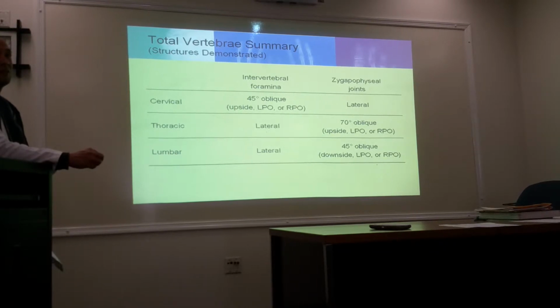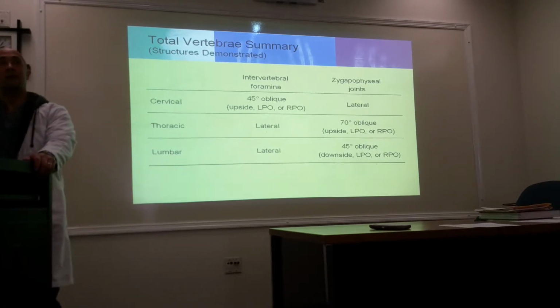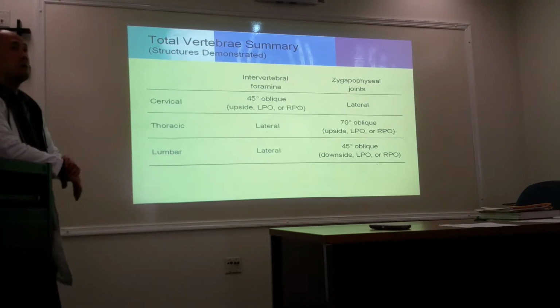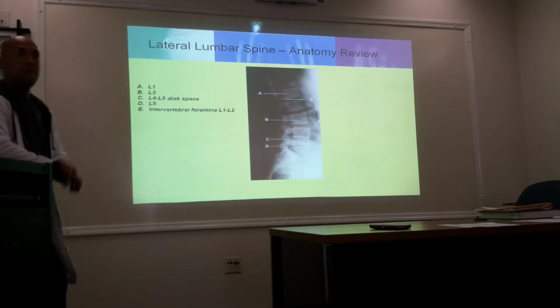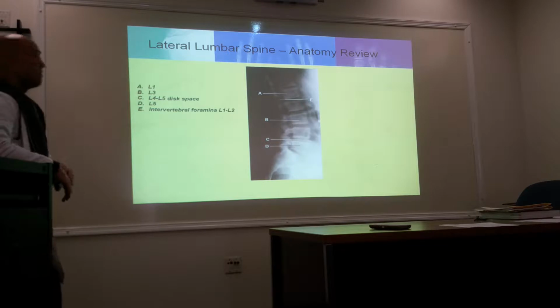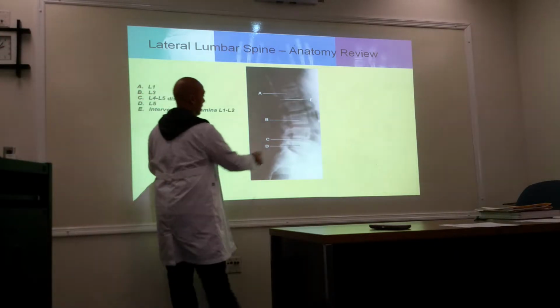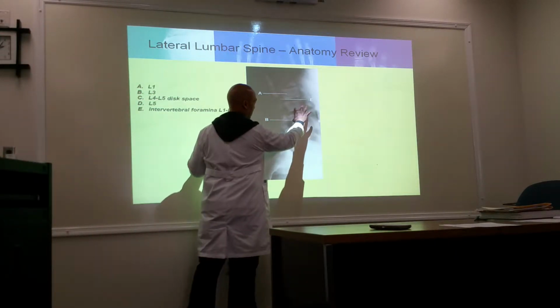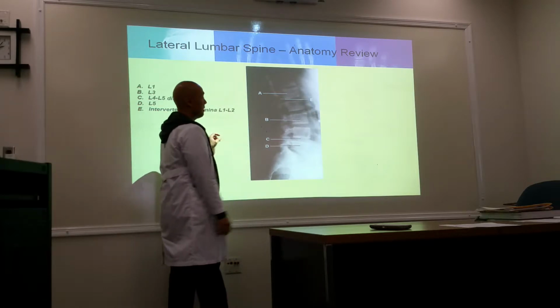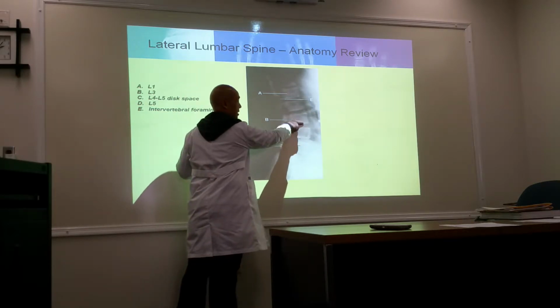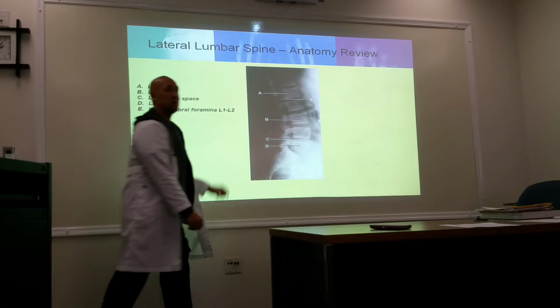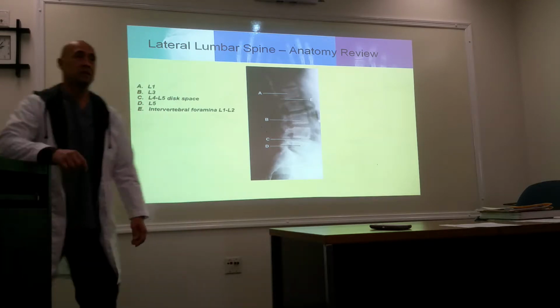Okay, any questions? If you're trying to look at the intervertebral space, you said lateral is the best for foramina and then the intervertebral spaces. I'm not talking about the foramen, I'm talking about the spaces, the disc spaces. But lateral's the best. Is that true for the C-spine too?